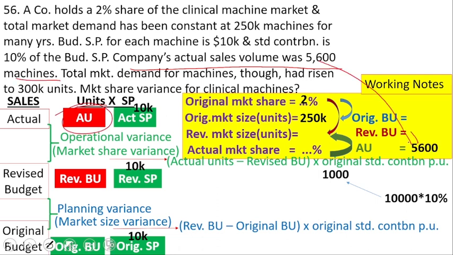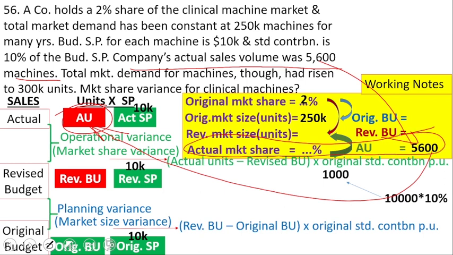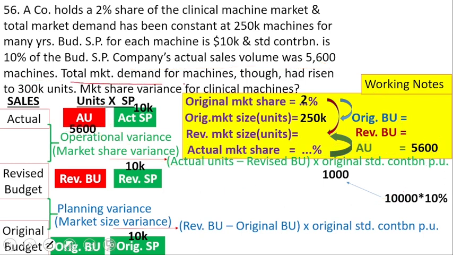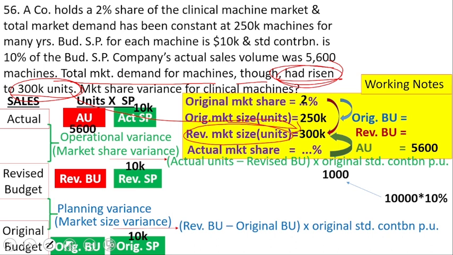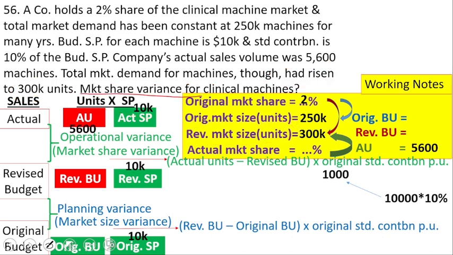So we key in 5,600 units as the actual units, and also the actual units can be keyed in here. No calculation was involved here because it was directly given. Total market demand for machines though had risen to 300,000 units, which means that the market size has been revised. So that's 300,000 units. What is the market share variance?